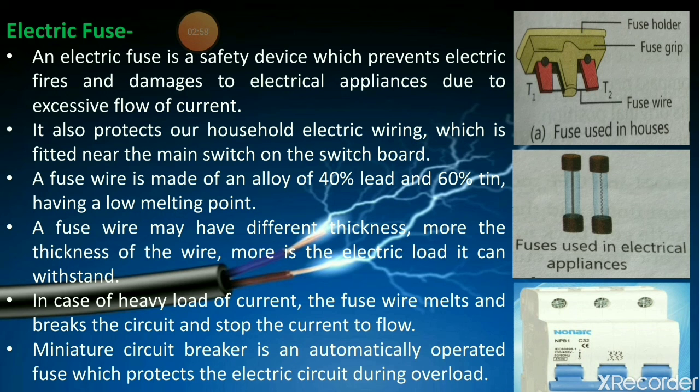Okay, and fuse wire may have different thicknesses. The more the thickness of the wire, the more electric load it can withstand. This fuse wire is a safety device in case of overloading, when an excessive flow of electric current comes to your appliances, or your appliances are drawing much more electric current than normal.